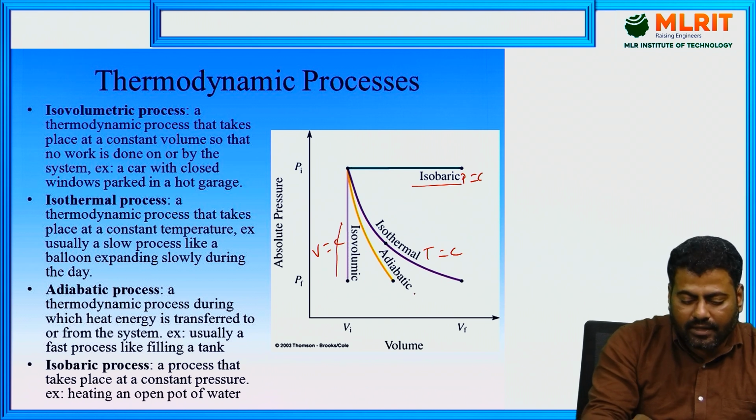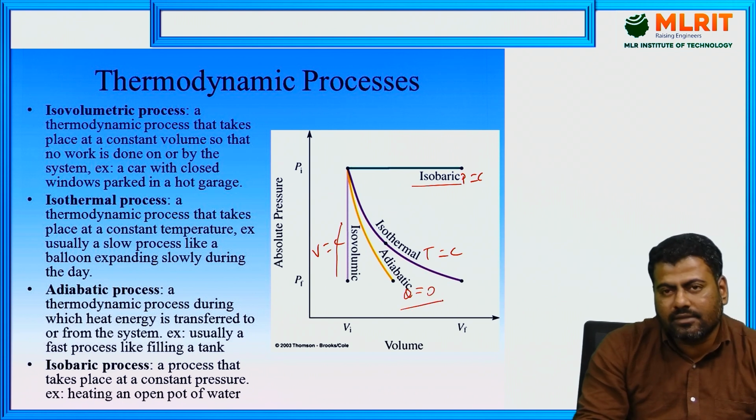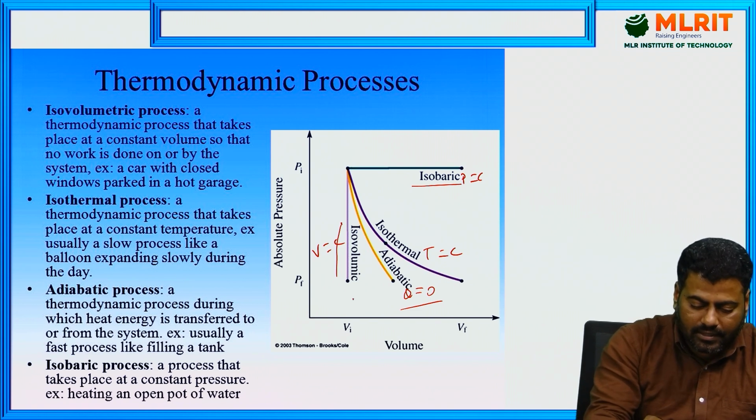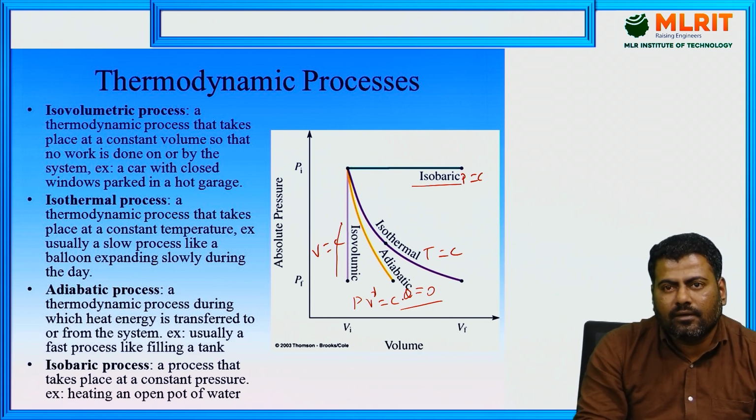And adiabatic is where Q equals 0. It applies to rapid processes like compression and expansion, where Q equals 0. The mathematical equation, as you have studied at intermediate level, is PV to the power gamma equals C, right? It depends upon the Cp and Cv values.